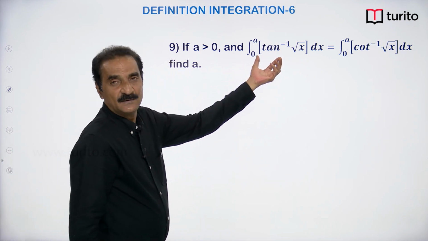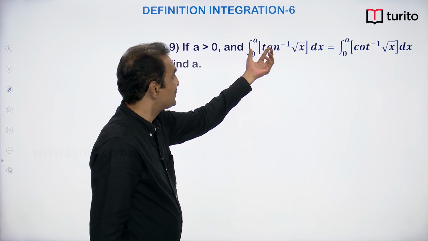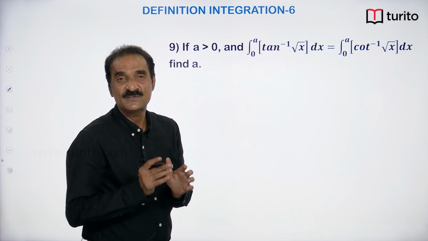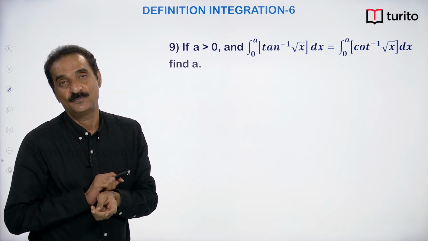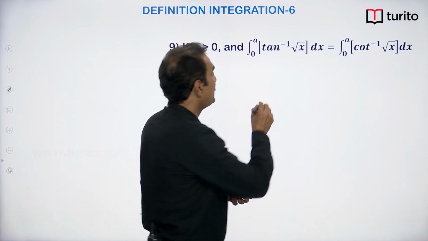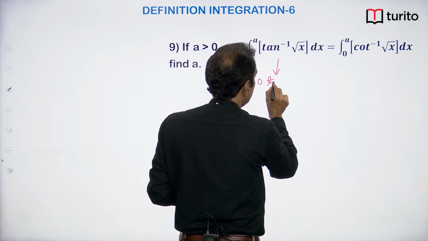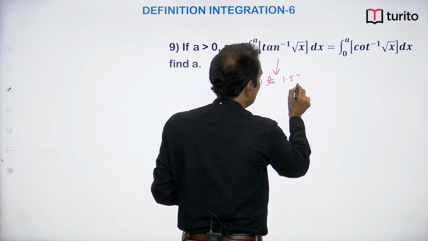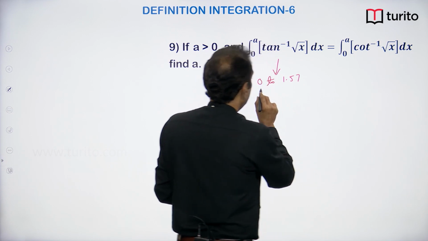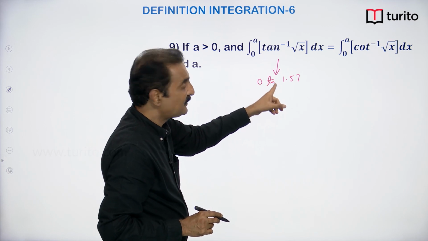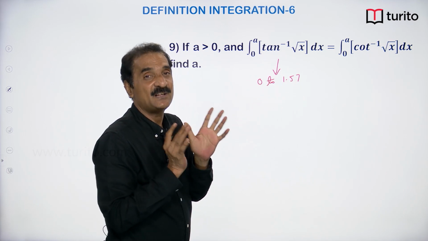Here we know that if x is positive, root x is positive, then tan inverse root x lies between 0 and pi by 2. 0 and pi by 2 means it lies between 0 and 1.57. If it lies between 0 and 1, the integral part is 0. If it lies between 1 and 1.57, the integral part is 1.